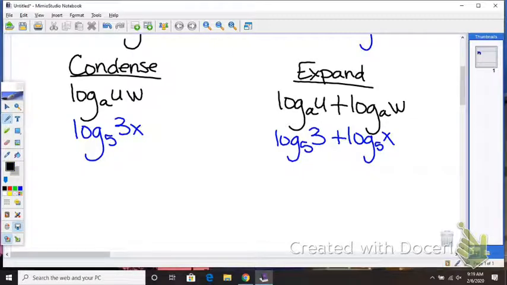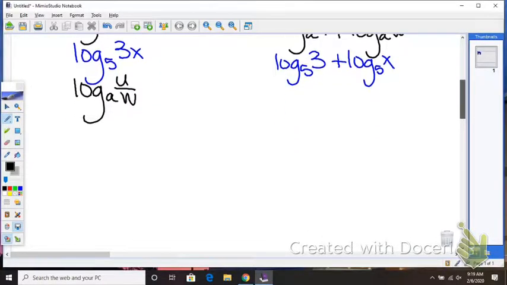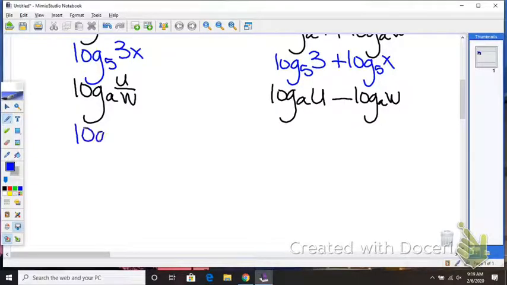Now we can do a division one. Log base A of U divided by W. What do you suppose is going to be different when we expand this? It's going to be minus. So I'd have log base A of U minus log base A of W. So an example of that would be log base 7 of 4 over y.